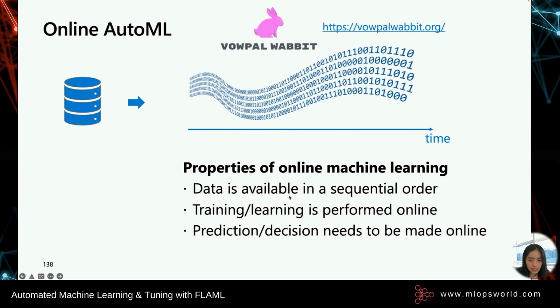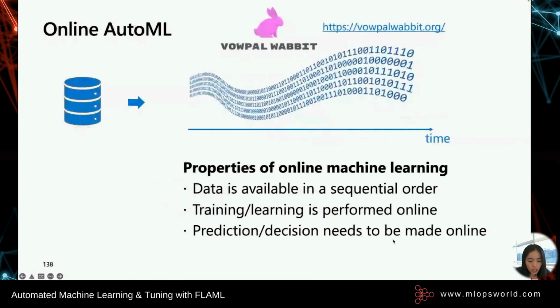In a typical online learning setting, data is only available in sequential order, as opposed to the offline or batch learning setting where people usually assume datasets are collected upfront. With access to a data stream, the training and learning are also performed online as we have more and more data. And finally, the prediction or decision-making result of the learning algorithm also needs to be evaluated online.